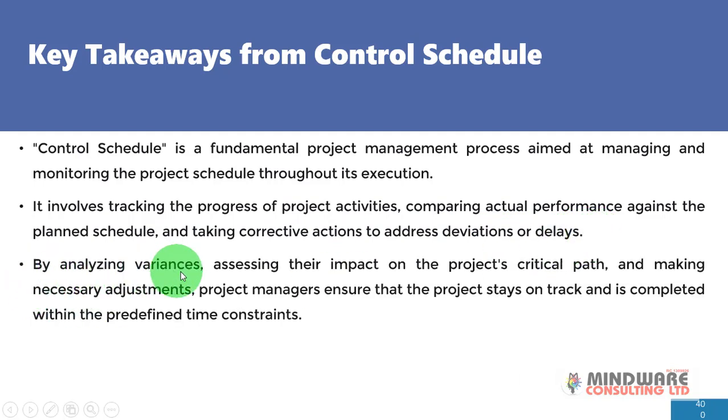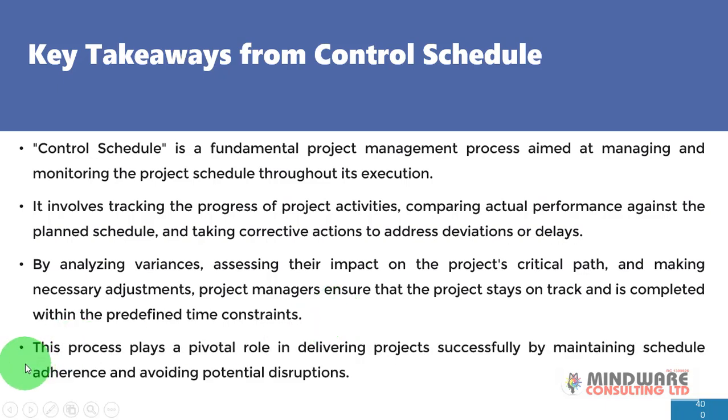By analyzing variances, assessing their impact on the project's critical path, and making necessary adjustments, project managers ensure that the project stays on track and is completed within the predefined time constraints. Now this is very important. This process plays a pivotal role in delivering projects successfully by maintaining schedule adherence and avoiding potential disruption.